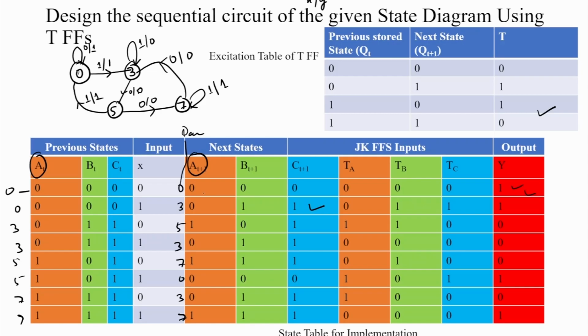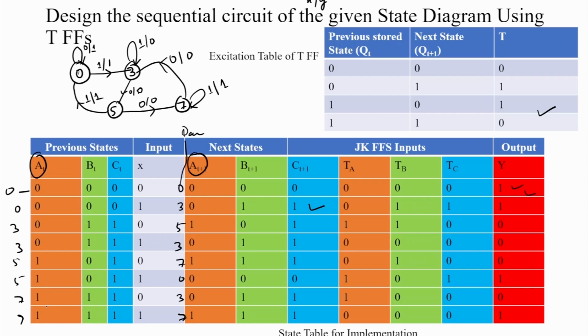In the excitation table of T, the input T is 1 only when one of the previous and next states has value 0 and the other has 1, and T is 0 when both have the same value, either 0 0 or 1 1.